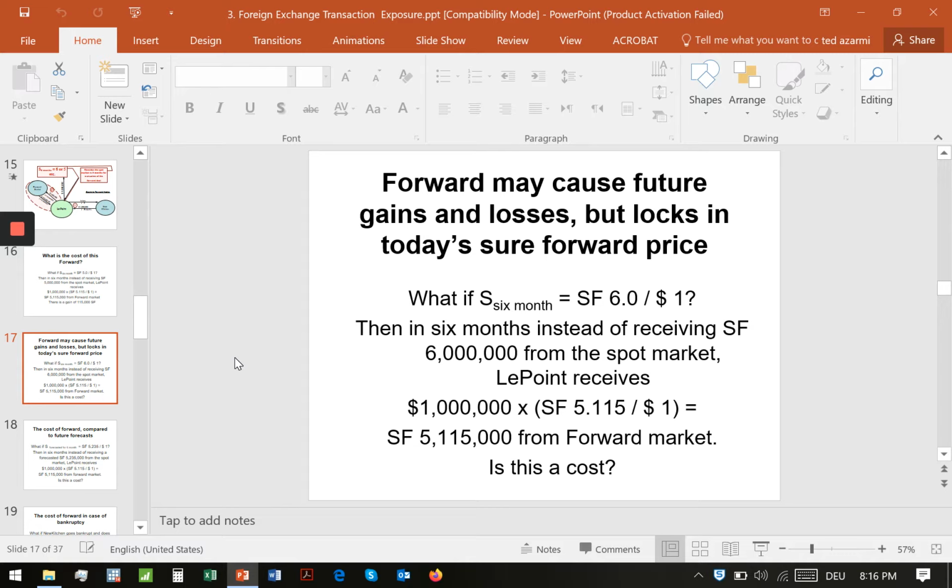Another potential cost that some may discuss is how the future value that can be forecasted today would be different from this forward price. Well, the forward price is based on demand and supply of purchasing these forward contracts, and it is possible that there is a different forecast for the future. Some may consider the forward overpriced or underpriced compared to that future forecast.